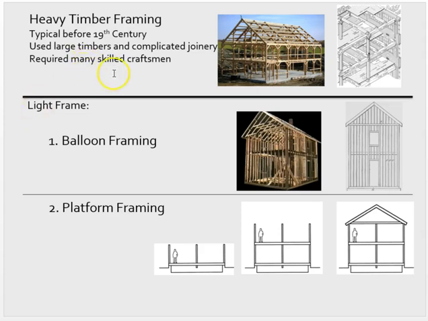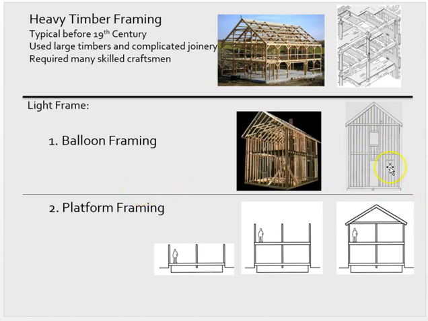Okay, so heavy timber framing we covered quite extensively last week. Again, it required skilled timber wrights and involved a lot of complicated joinery that held these heavy timbers together. Then it transitioned into the braced frame, which had the big heavy timbers, sometimes with metal connectors. At that point, the small dimensional lumber with the braced frame was being used as infill, and then the whole big frame was removed and we were left with balloon framing.